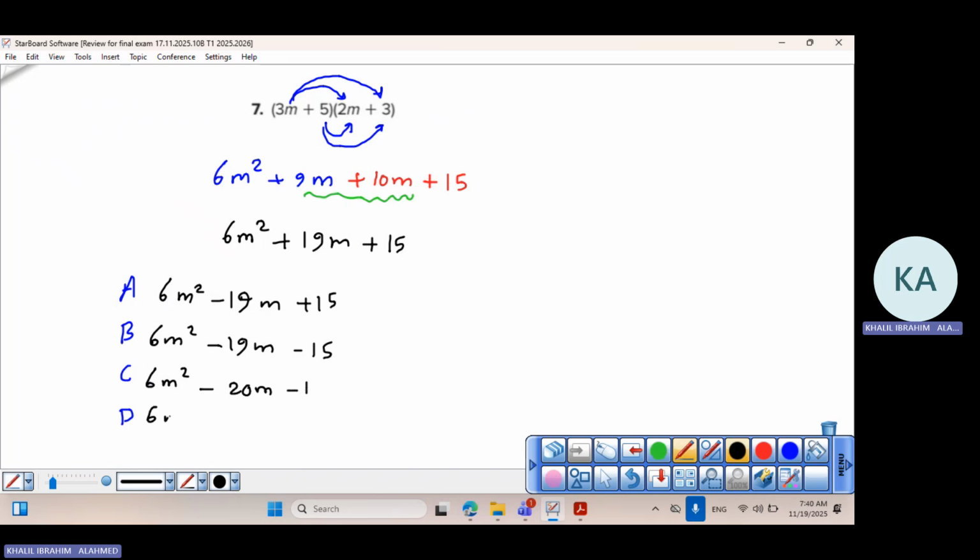Also 6m squared plus 19m plus 15. Which one is right? The last one is right.